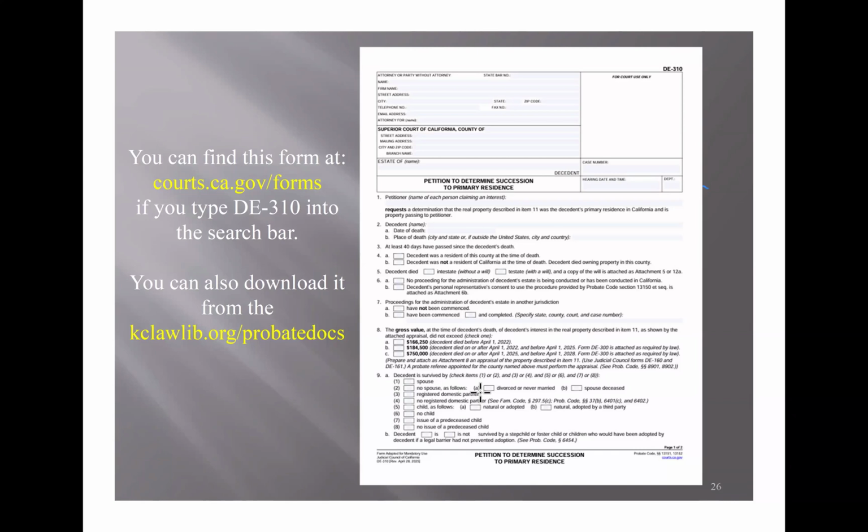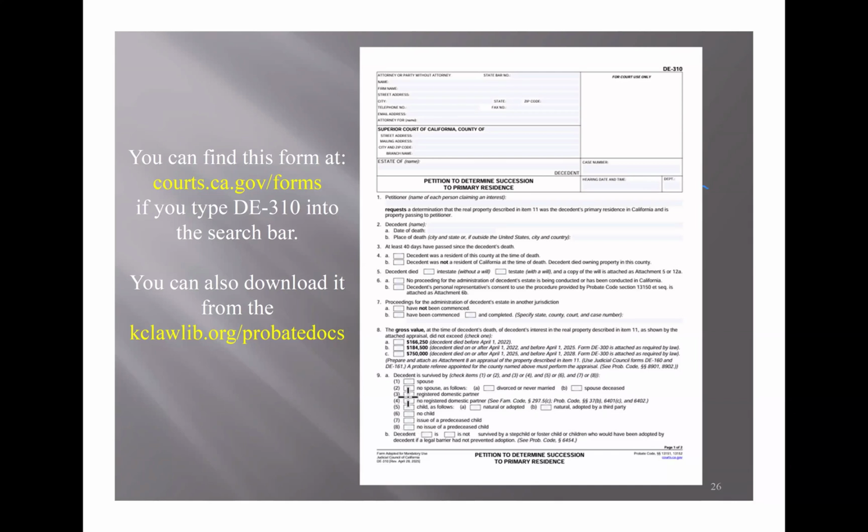Decedent is survived by, now you're going to check what applies. So a lot of these are either 1 or 2, spouse or no spouse. If it's no spouse, then you also will add information about either they're divorced or never married or the spouse is deceased.